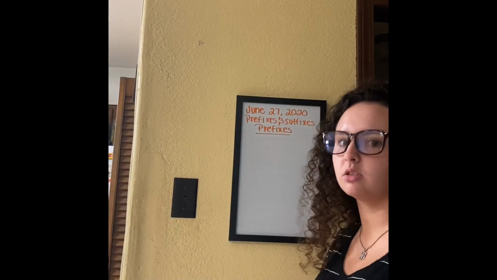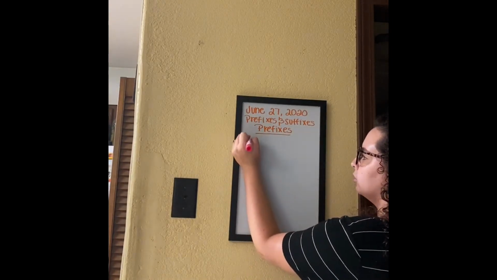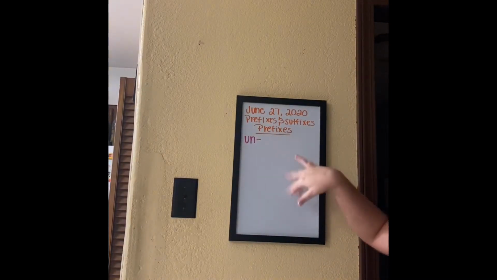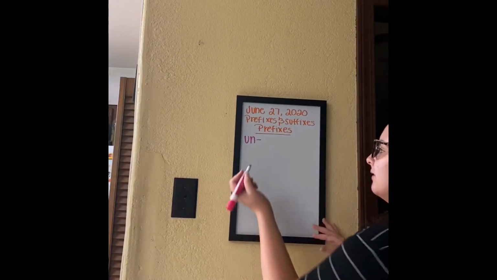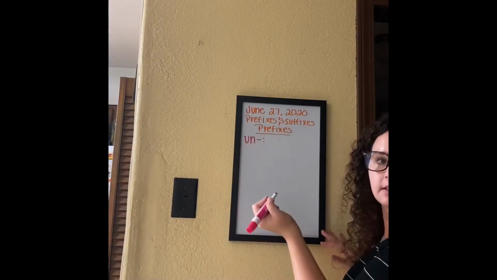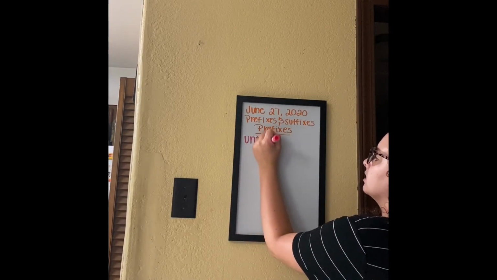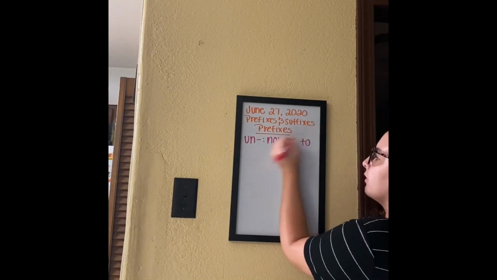U-N, just like the song. And after a prefix, you put a dash right there so that you know the word comes after it, right? Okay, so the definition for un is not or to reverse something. So we're just going to write not or to reverse.